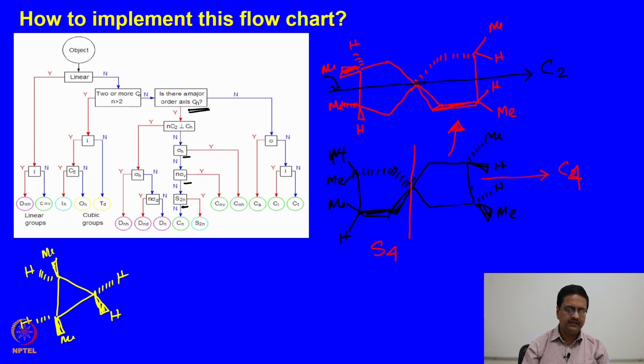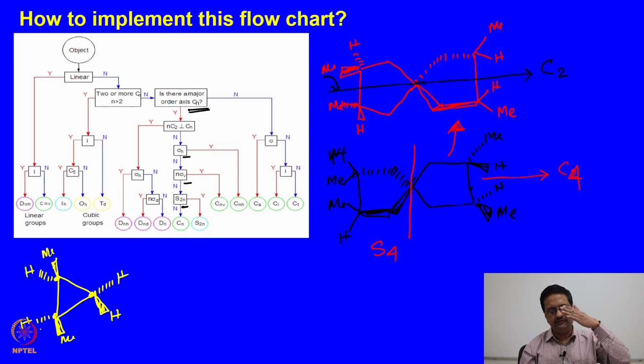If you look at it very carefully, assume that the 3 carbon atoms of the cyclopropane are in the plane of the board, and then you have the 2 hydrogens above and below the plane, 2 methyls above the plane, and 2 hydrogens below the plane on the 2 other carbon atoms.